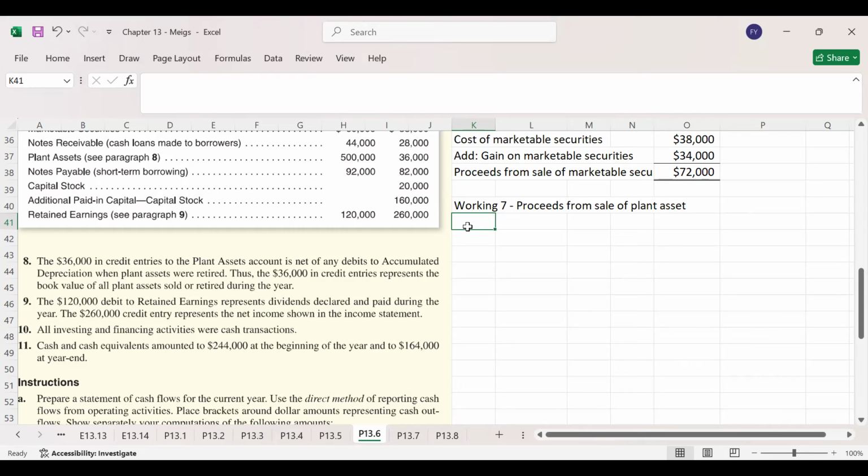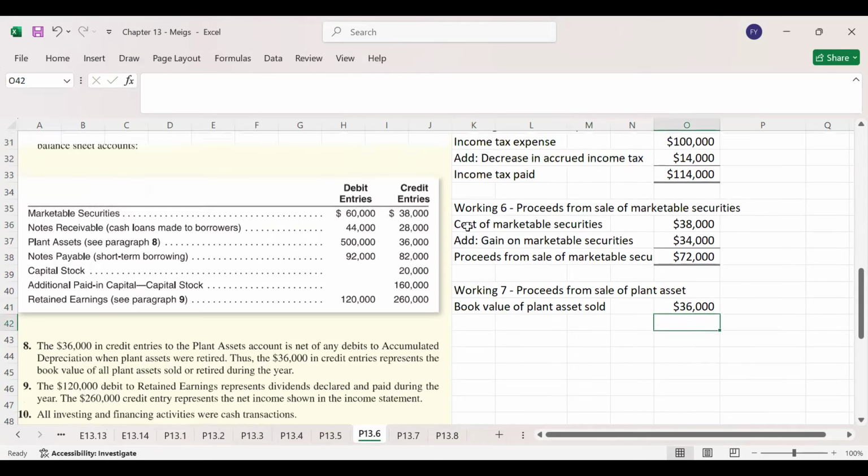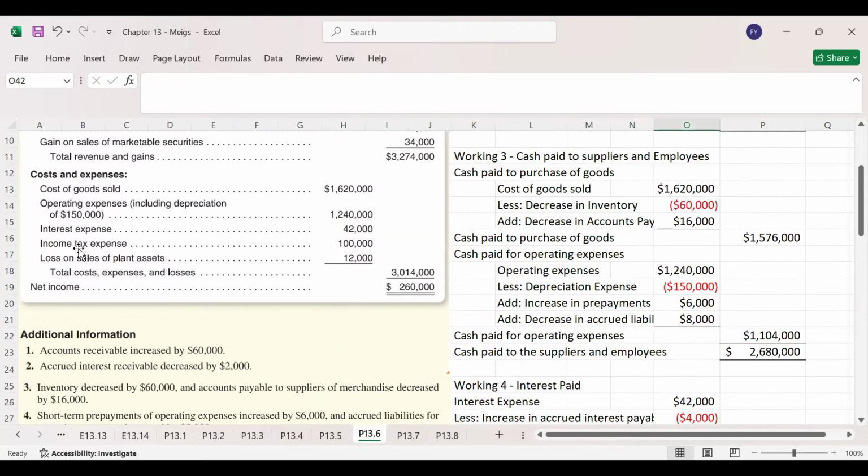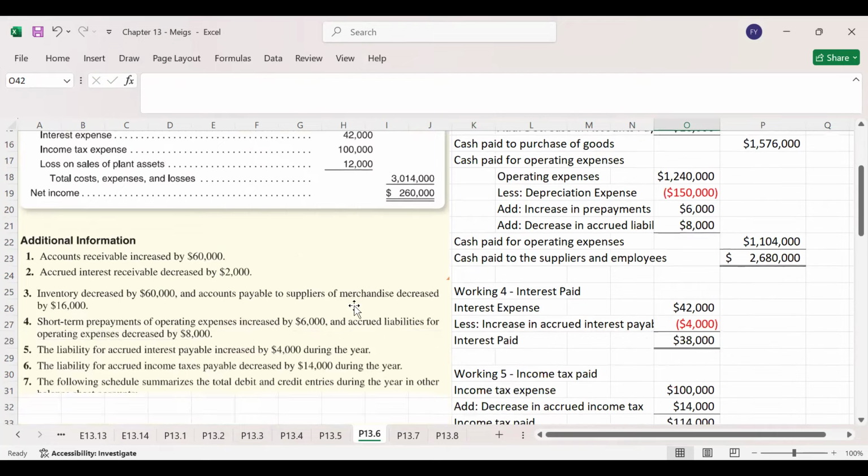So we have the book value of plant asset that were actually sold. Plant asset sold, so we have $36,000, and we are going to deduct any loss, which we discussed at the start, the loss on sale of plant assets. So here we have the loss of 12,000.